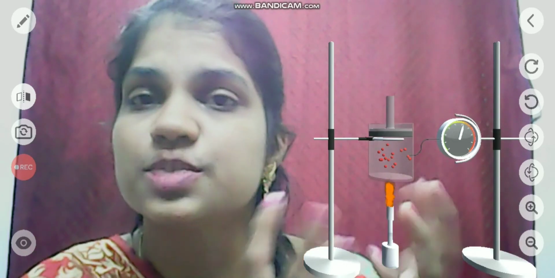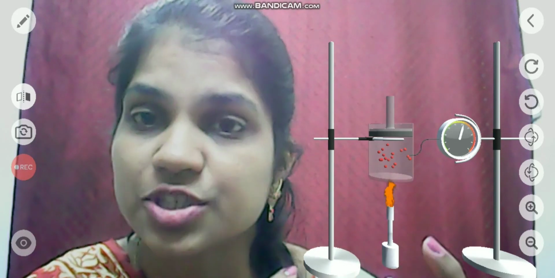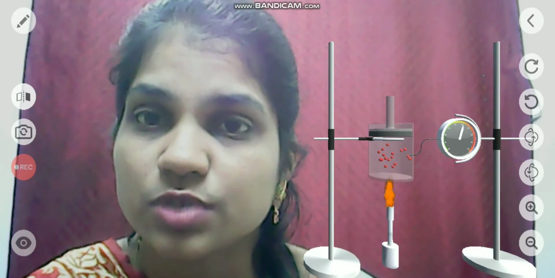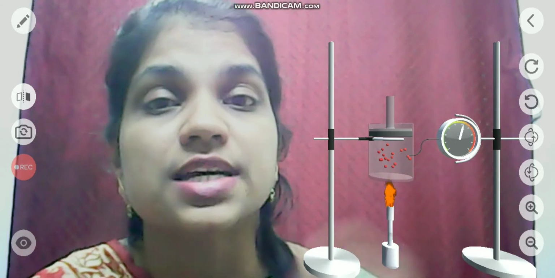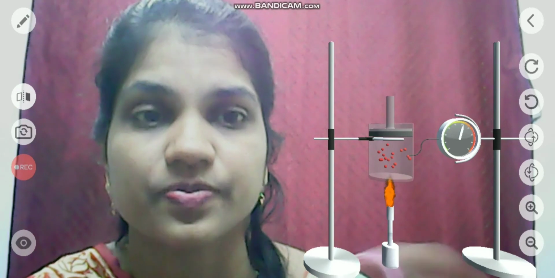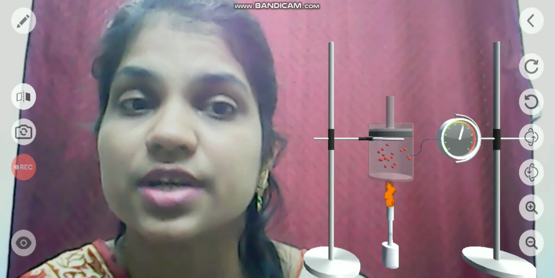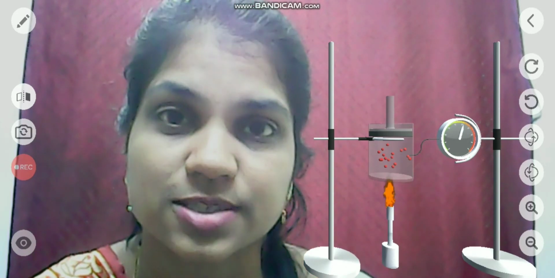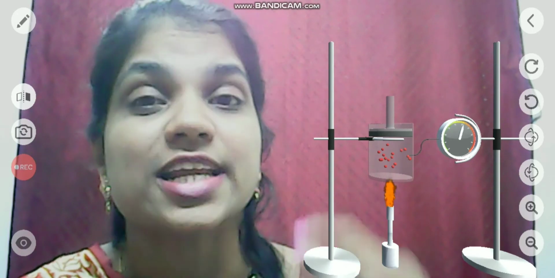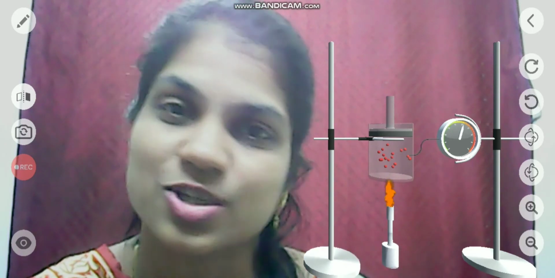Heat energy is being supplied from the bottom. There is a change in temperature, a change in volume, and a change in heat energy, but pressure remains constant, and that is being monitored by this pressure monitoring device. So in an isobaric process, pressure remains constant.